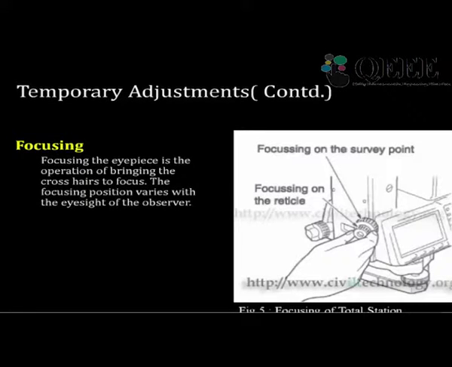Focusing the eyepiece is the operation of bringing the cross hairs into focus. The focusing position varies with the eyesight of the observer, so the eyepiece has to be adjusted as per the observer's eye power. Once this is done, we are ready to start measuring the parameters to calculate the distances. So these are the three temporary adjustments in a total station.